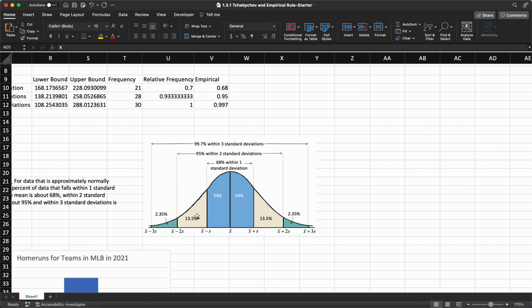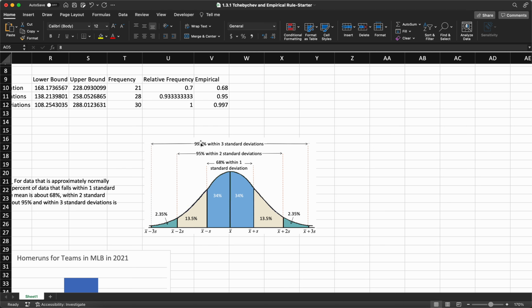And I've broken down these percentages here so that you know how much is in each area. So this is 2.35% here, because if you take 2.35 and 2.35, you get 4.7, which is the difference between 95% of the data and 99.7.